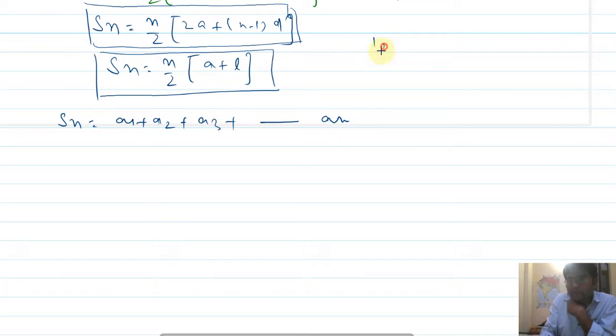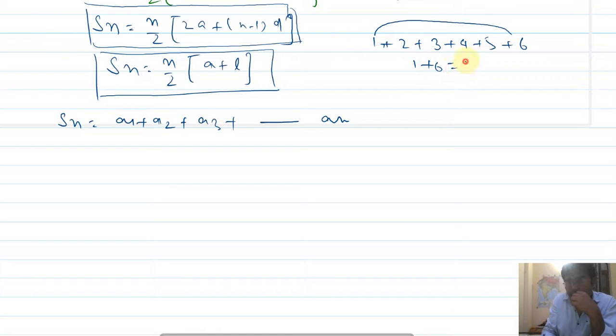If I write 1 plus 2 plus 3 plus 4 plus 5 plus 6, take the first term and the last term: 1 plus 6 gives 7. Add the second and the second last, 2 plus 5, and again you get 7. Then 3 plus 4 gives the same.